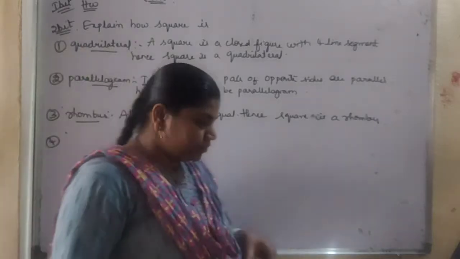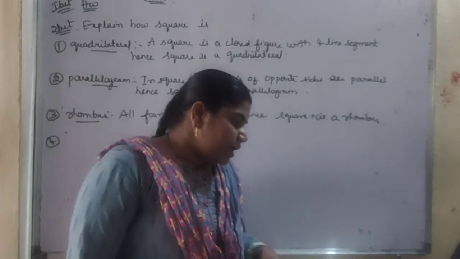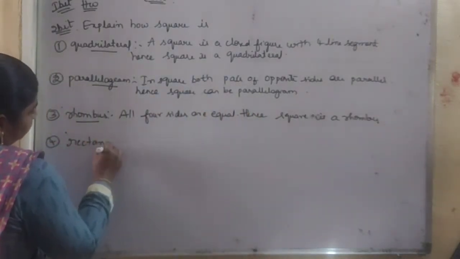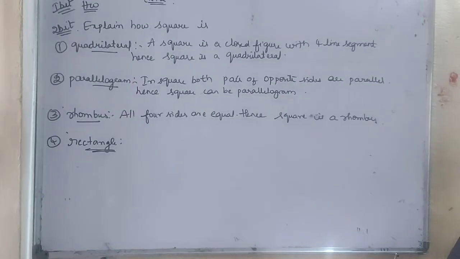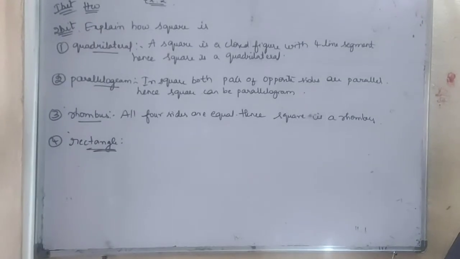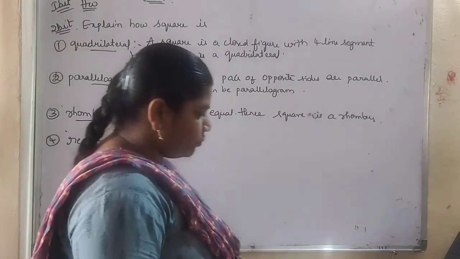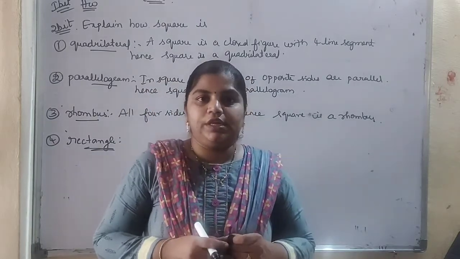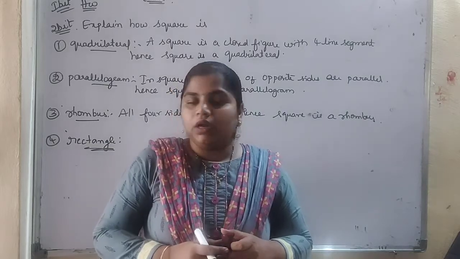Next, the fourth one is rectangle. Why are we calling the square a rectangle? We have to tell. In a square all the angles are equal, that is equal to 90 degrees, and in a rectangle also all the angles are equal to 90 degrees.